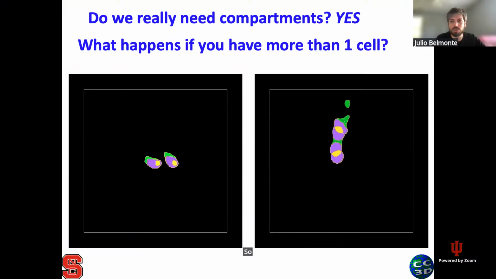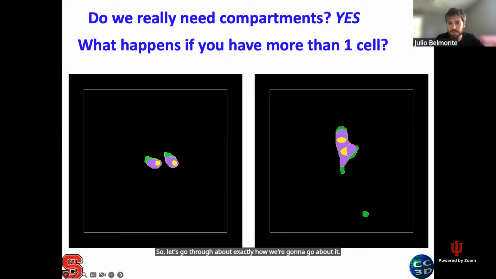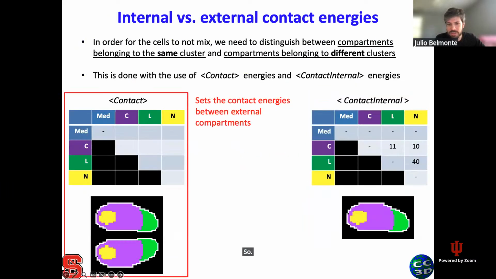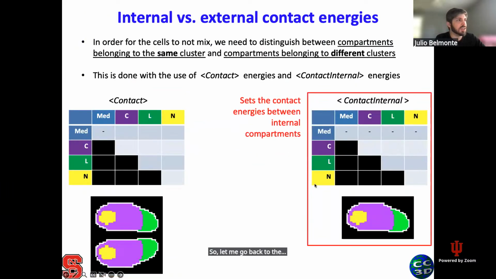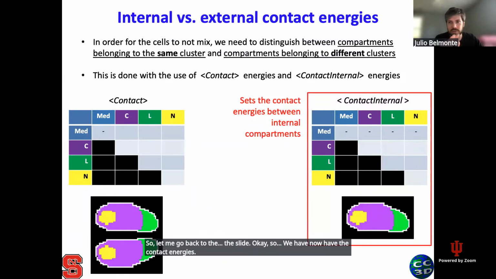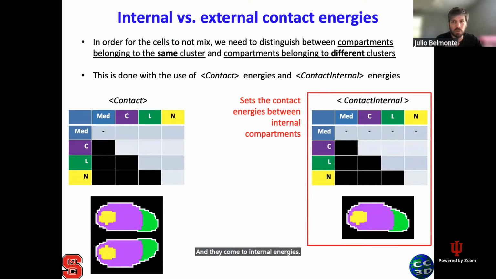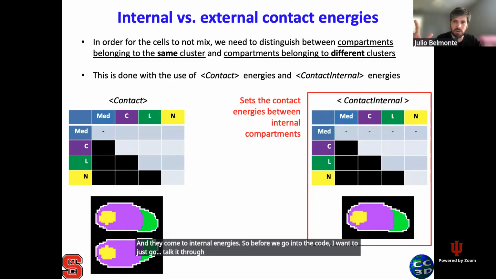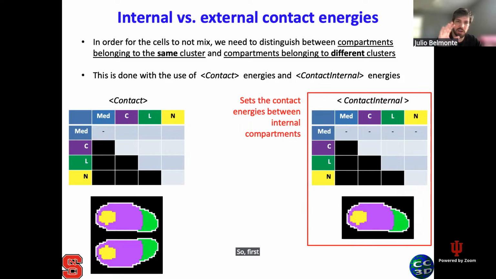So let's go through exactly how we're going to go about it. Okay. So let me go back to the slide. Okay, so we have the contact energies and the contact internal energies. So before you go into the code, I want to just talk you through at a theoretical level what we should do, okay? So first thing, you now have to have the contact internal energies, right? Because we have to treat them differently.